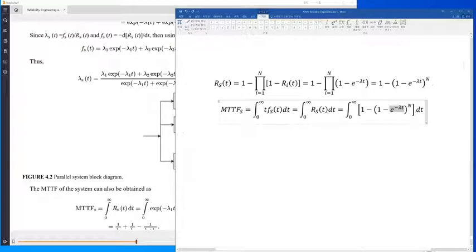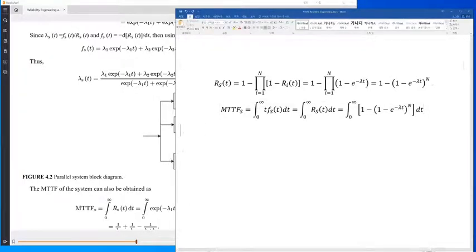So let's put u as exponential minus lambda t.